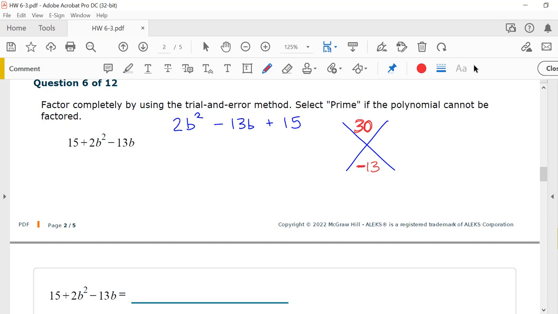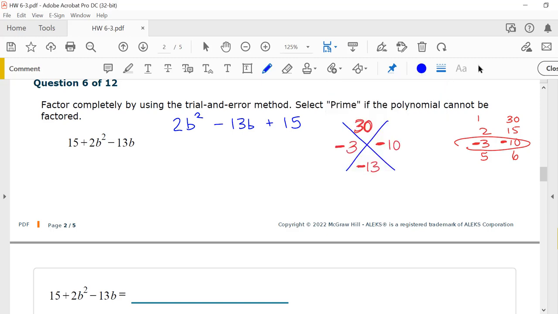This number is negative, so they both need to be negative. Factors of 30: 1 and 30, 2 and 15, 3 and 10, 5 and 6. Do you see any numbers that would add up to give you -13? If I did -3 plus -10, I would get -13. So my numbers are -3, -10.